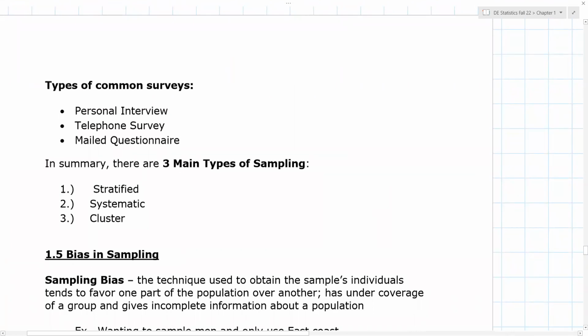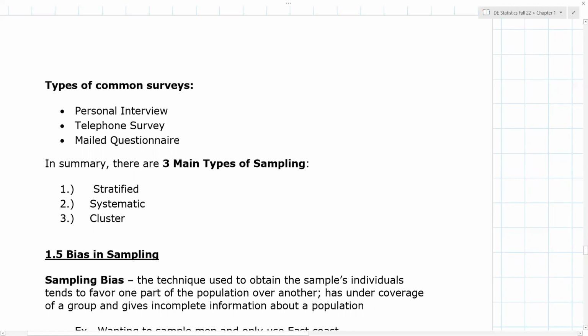And we have three different types of common surveys. You have a personal interview, you have a telephone survey, you have a mailed questionnaire, and more of these, instead of mailed questionnaires, are going to be emailed, or they're going to be at the end of a website.